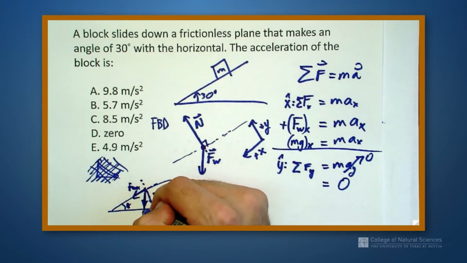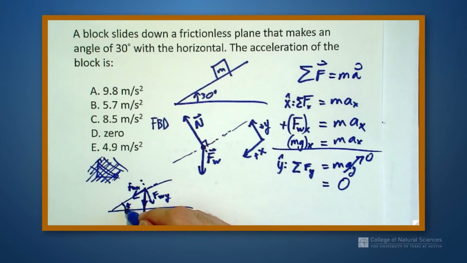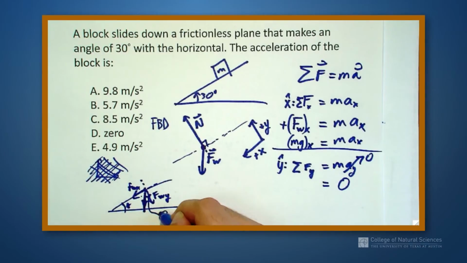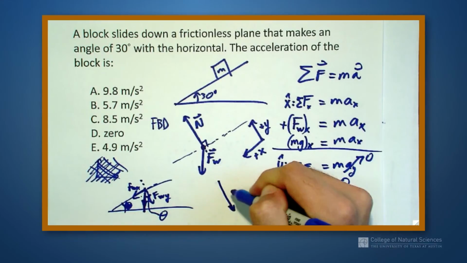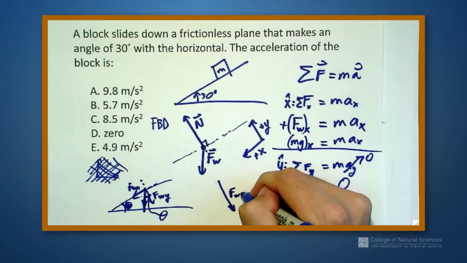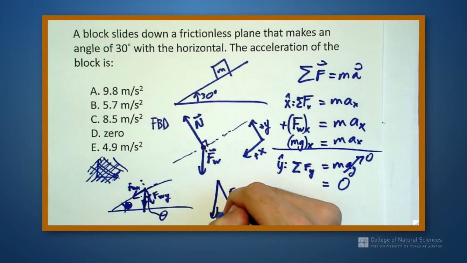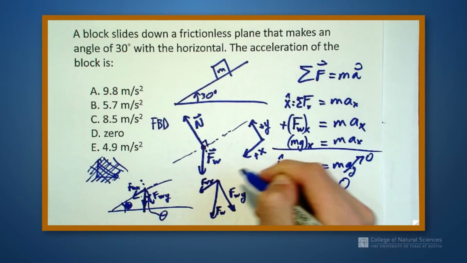So if I look at this triangle right here, I will see that this is theta. This is 90 minus theta, which means this angle right here has to be theta again. So if this angle is theta, that angle is theta. So I'm going to expand this picture. I have my weight force in the y direction, I have my true weight force in the downward direction, and I have my weight force in the x direction.